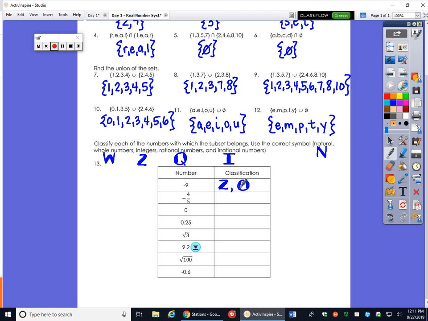Okay? -4/5. It's definitely just a rational because it doesn't fit into the other subsets. Q. 0. 0 is a whole number.